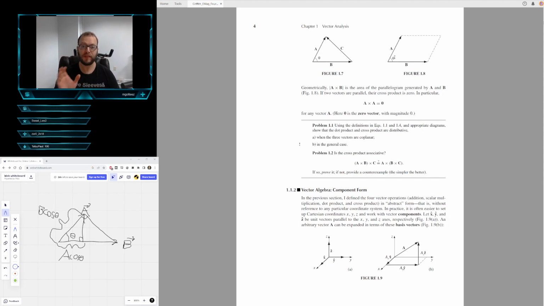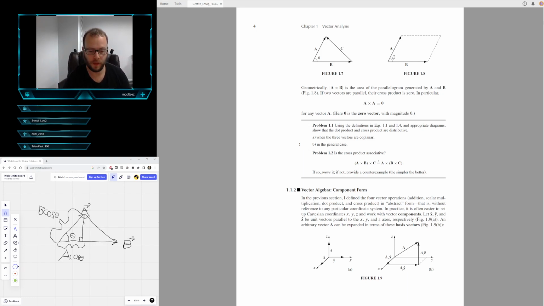The direction is either pointing into the page or out of the page, defined by the right-hand rule. So let's use the right-hand rule right now to see where A and B are going. If we do A cross B, we say our first finger is pointing in A, and our second finger is pointing in the direction of B. And in order for that to happen, the thumb has to be going into the page.